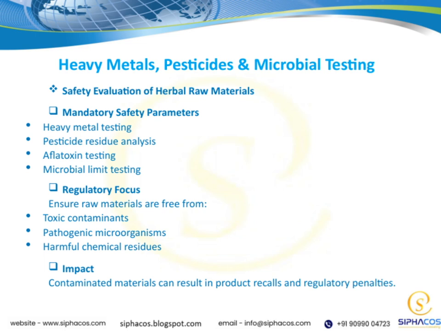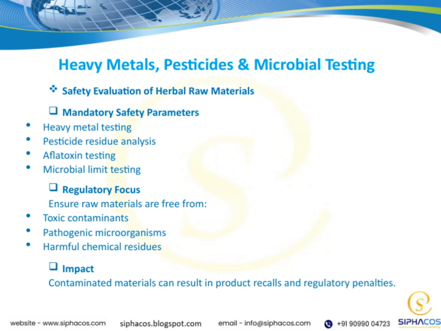From a regulatory perspective, the main goal is making sure that our raw materials are free from toxic contaminants, pathogenic microorganisms, and harmful chemical residues. That's not just about meeting legal requirements, it's about protecting consumers and maintaining trust in our products. The impact of failing to control these safety parameters can be serious.